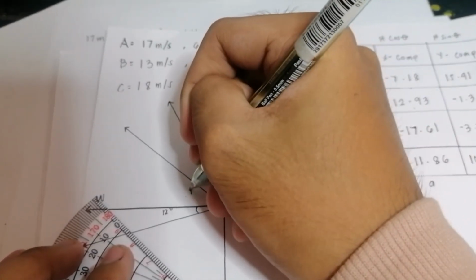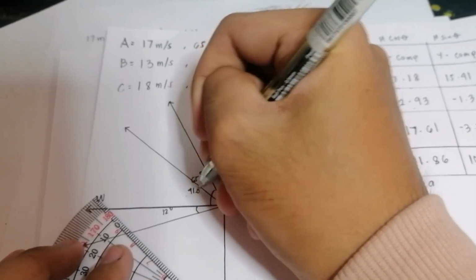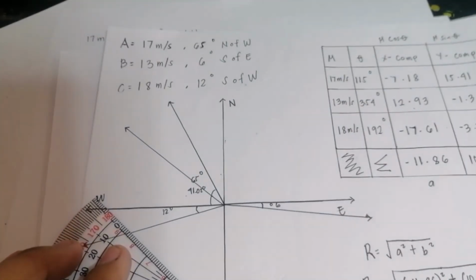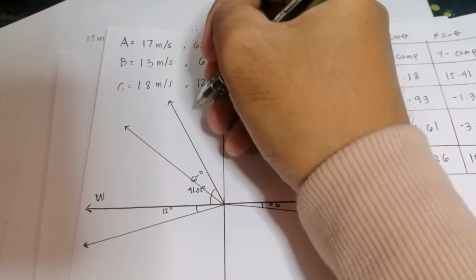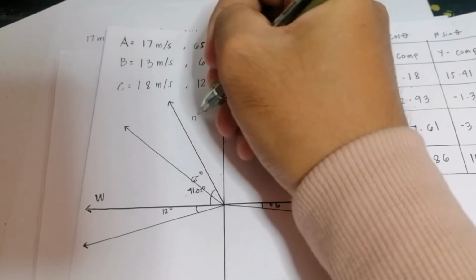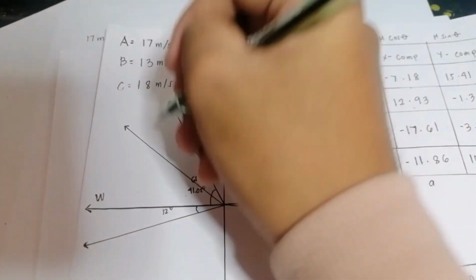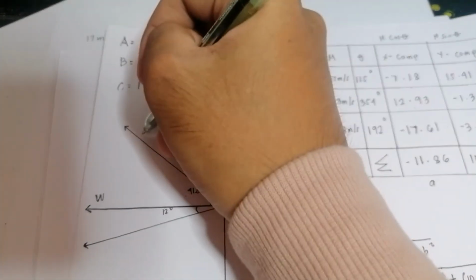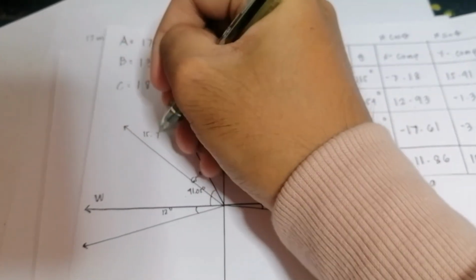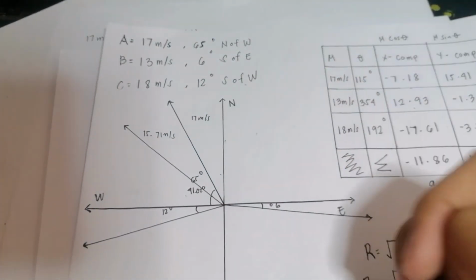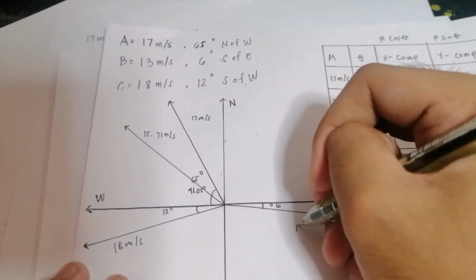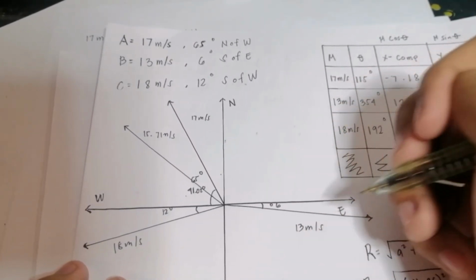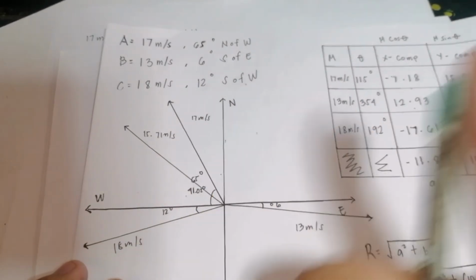So, that's the graph. And don't forget to put the vectors like 17 meters per second, this one is 15.71 meters per second, and here is 18 meters per second and 13 meters per second.